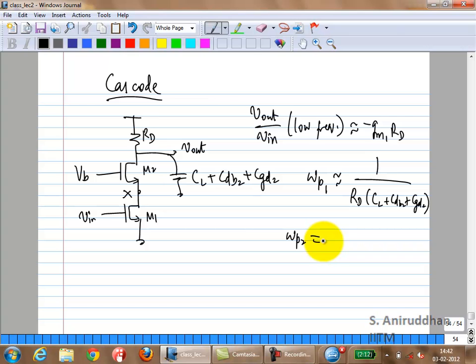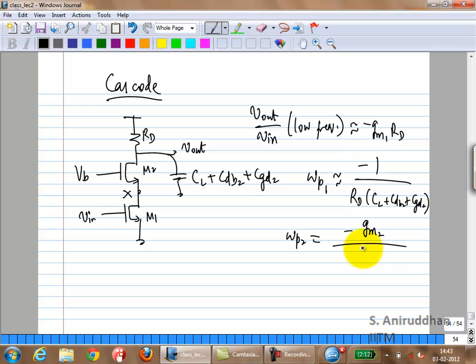What is the total capacitance at that node? So first of all, let's do this. You have CGS2, CSB2, then CDB1, and you are going to add CGD1 also. You are going to have those 4 capacitances.